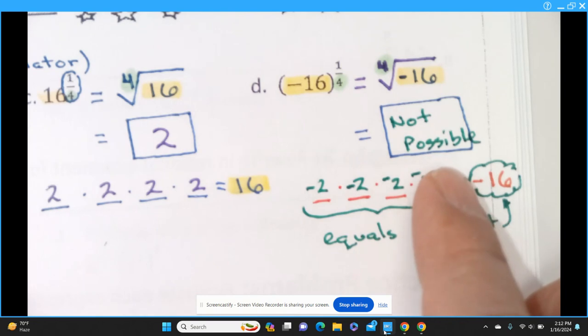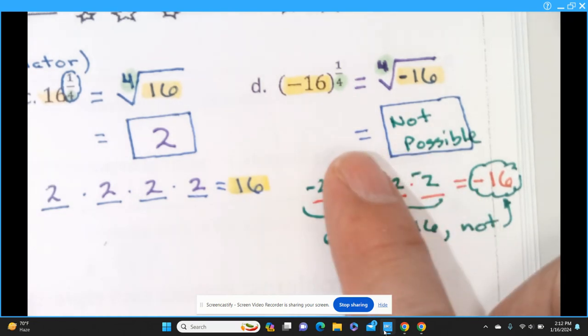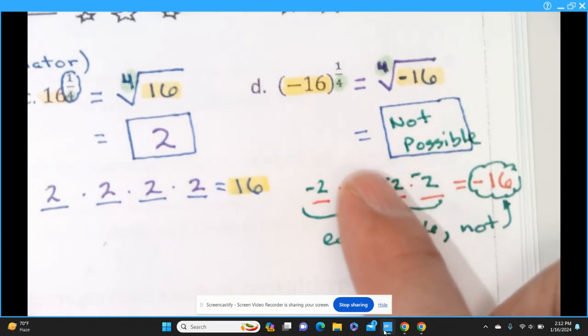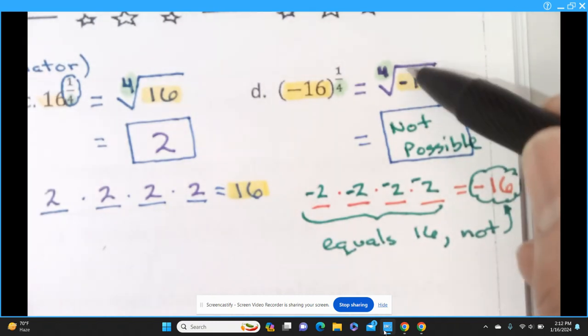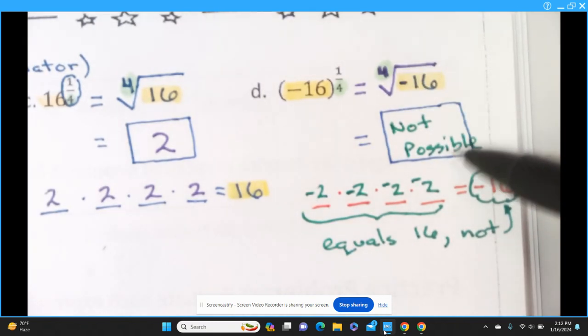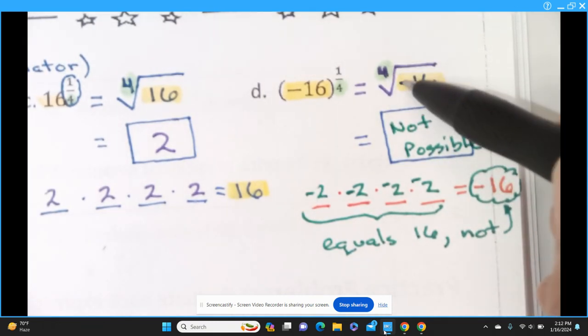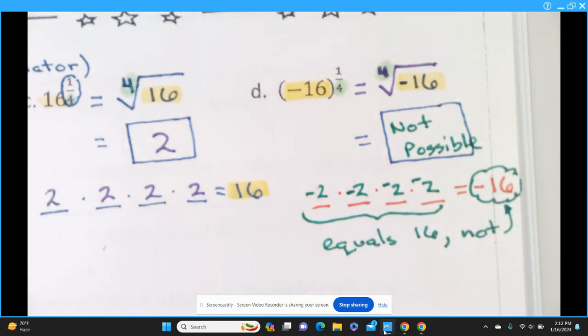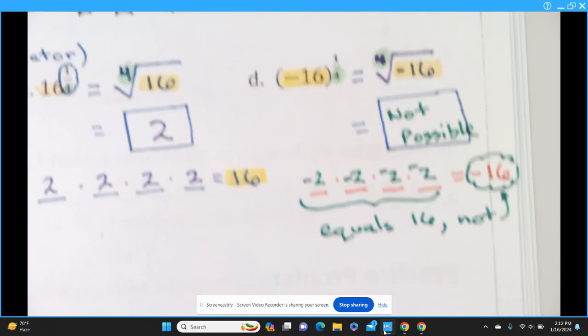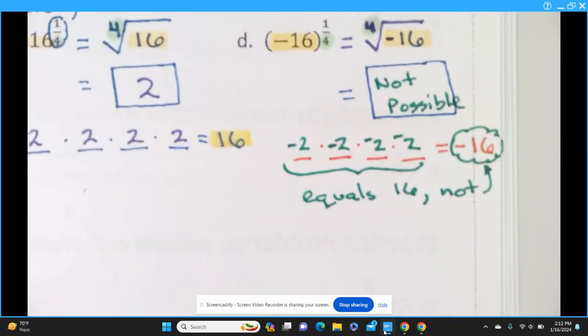Some people like to say, well, it's a no solution. Well, we're not solving. So technically, I can't say it's no solution. It's just you're not allowed to do this. We're not allowed to take a fourth root of a negative number. So that's the issue there. And you know what? We're going to write that down as a little note here at the bottom, just for this problem here, because it's the only one that had an issue.